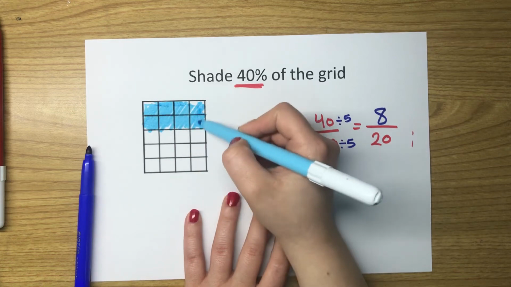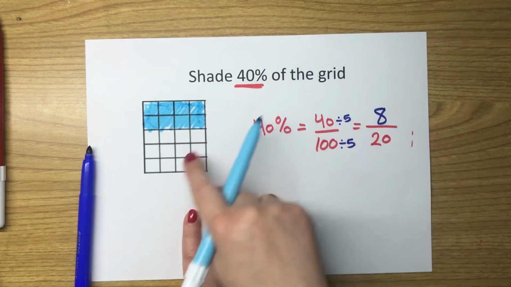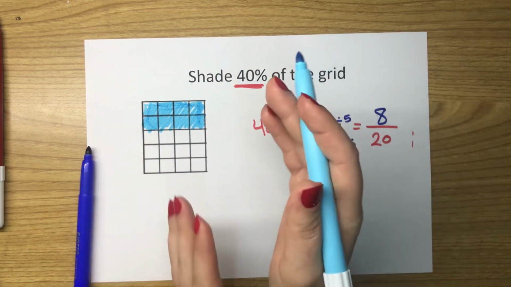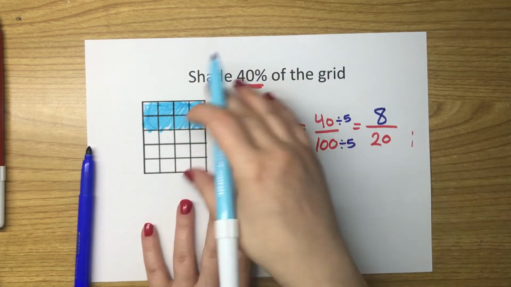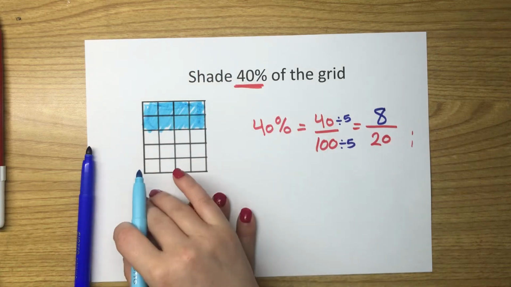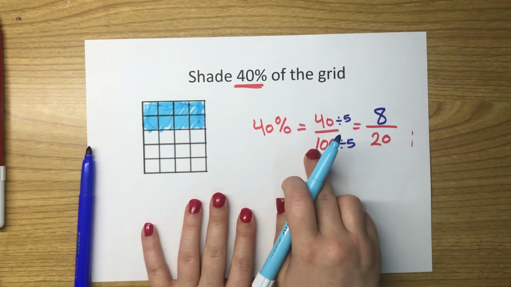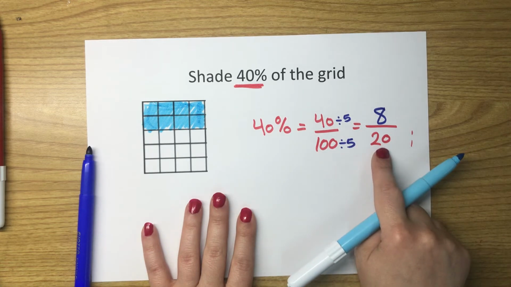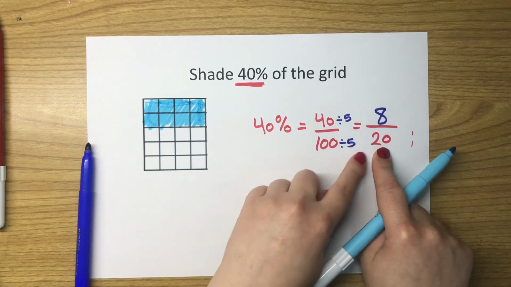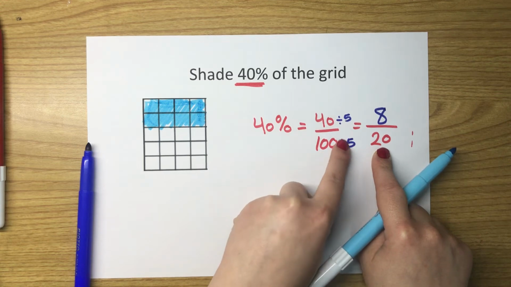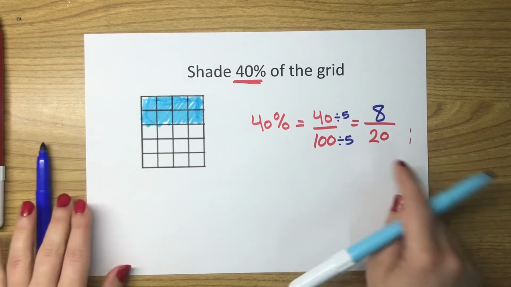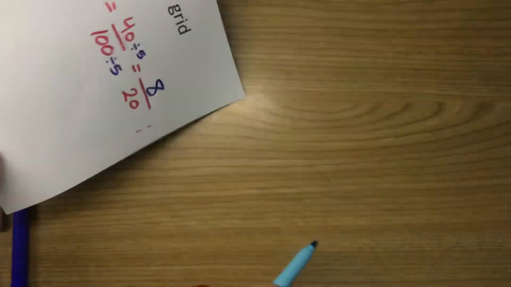Those 8 squares represent 40% of this shape. Again, to shade a percentage of a shape, change it into a fraction, and make that fraction's denominator simpler by finding a suitable number to change it into the number of these grids. Okay, another example.